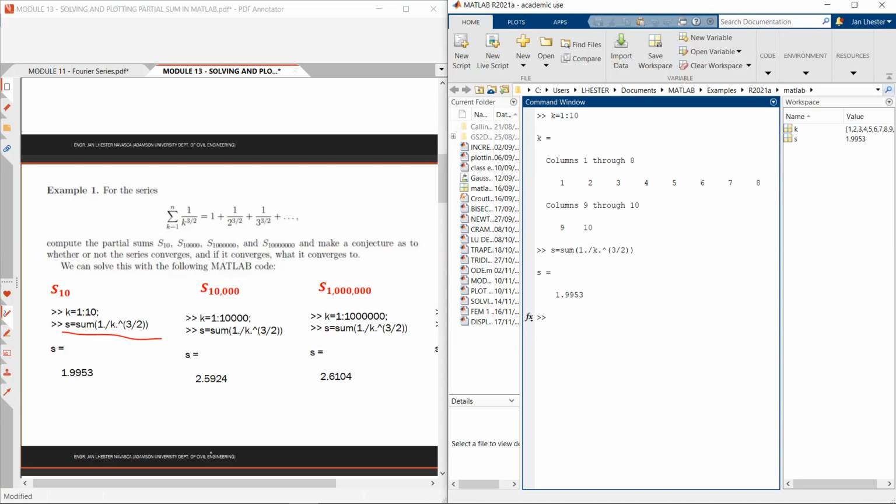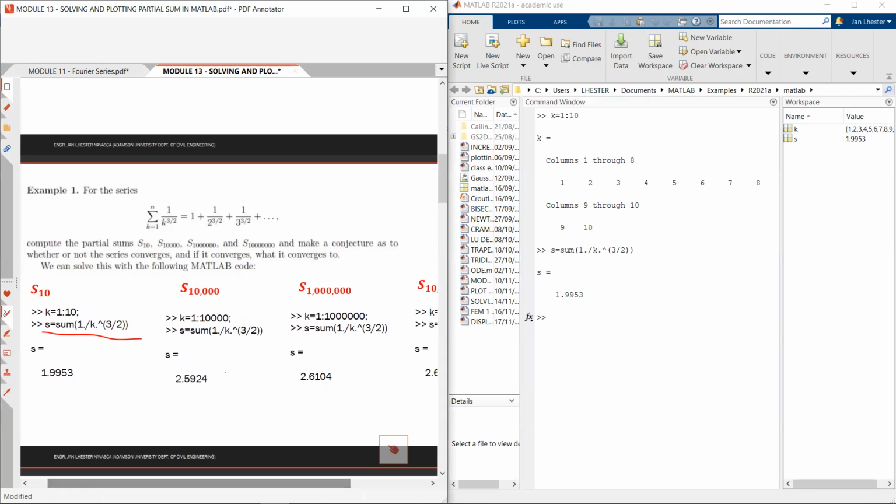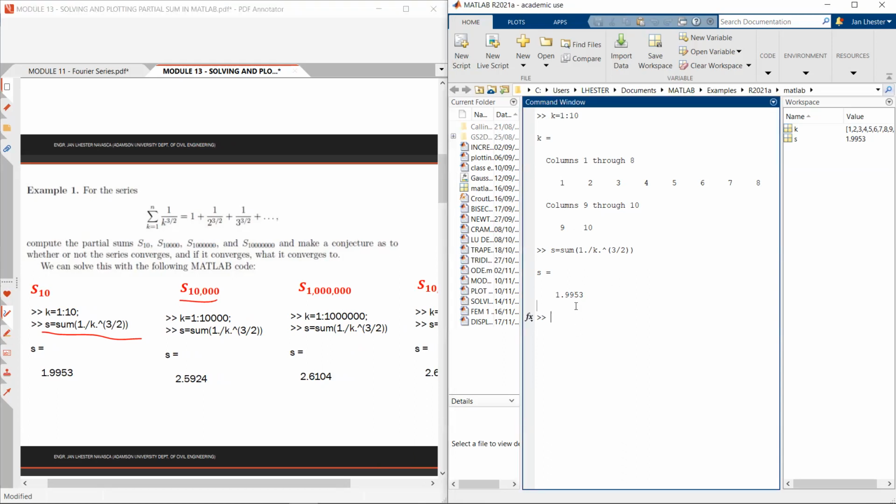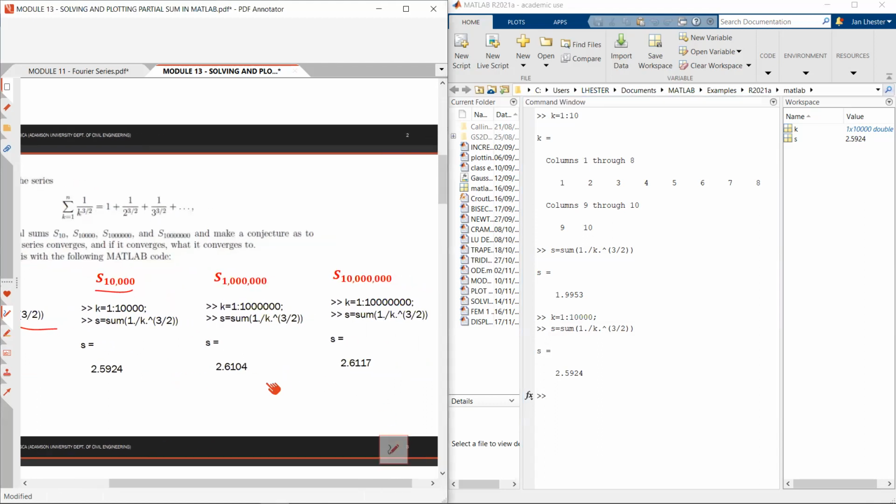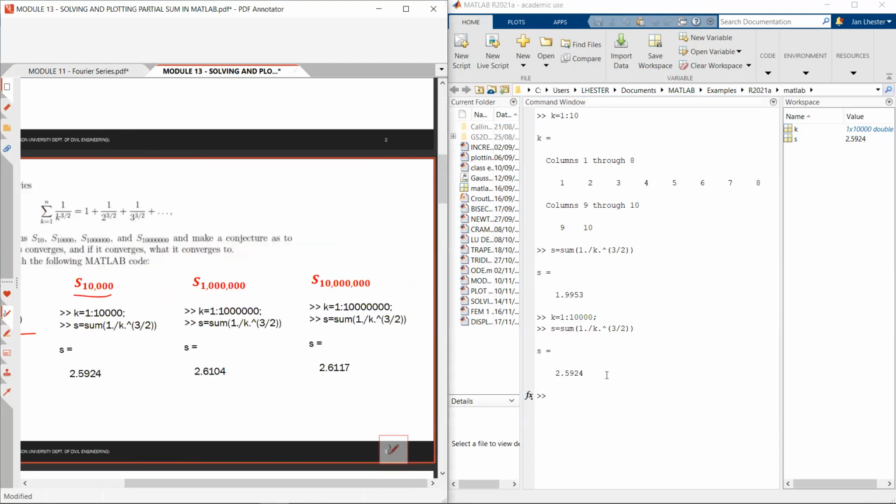Going back to the Matlab code for 10,000, the partial sum for 10,000 terms. We will create a value of k from 1 to 10,000, then take the partial sum. You get 2.5924. Next is taking the partial sum up to 1 million.